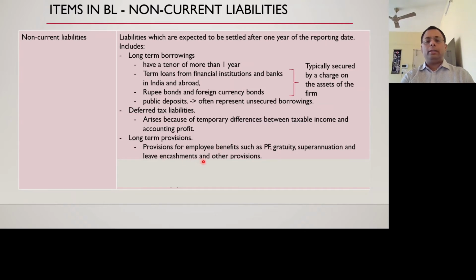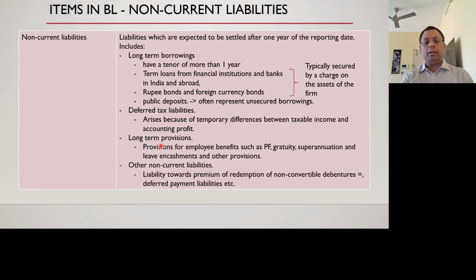So these are things like leave encashments and other provisions. These are considered as long-term provisions, non-current liabilities. And then other non-current liabilities are like the premium on redemption of non-convertible debentures, and different kinds of non-current liabilities are considered in this.